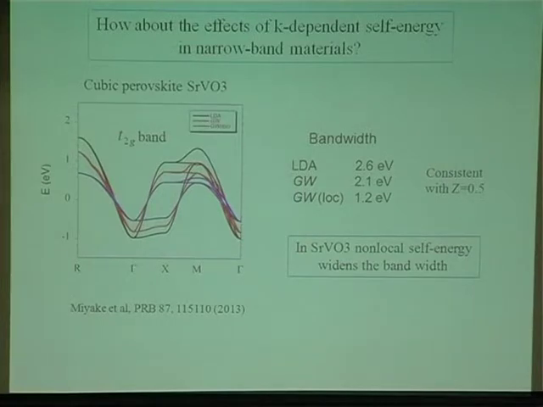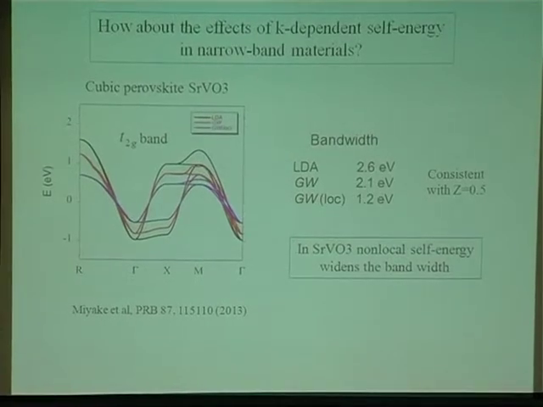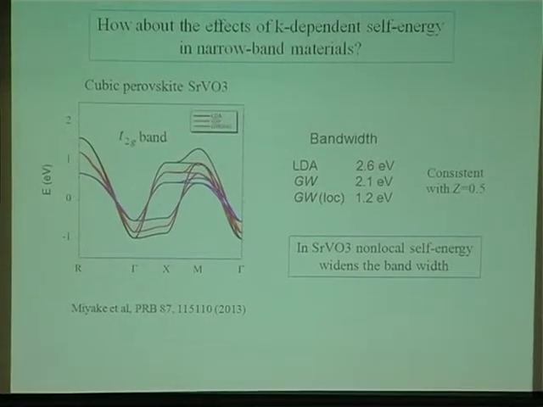Recently, we have found that the K-dependent self-energy can be important. So these are the calculations within the GW approximation for this strontium vanadate, where we study the effects of the non-local self-energy on the quasi-particle band structure.